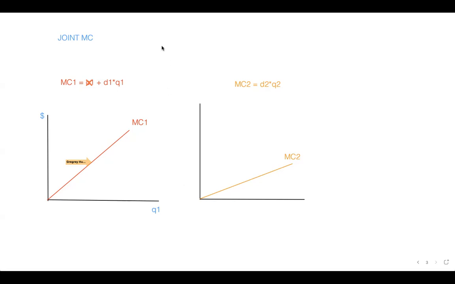So you can have one factory that's, you might call this the low cost factory, meaning the one that's flatter. But there's something a little bit hidden here, which will be important as you work through the problems.